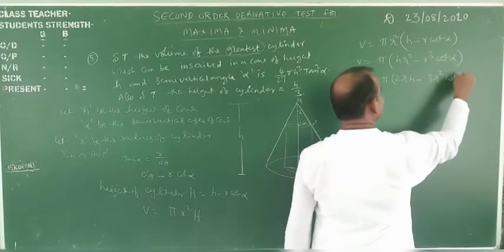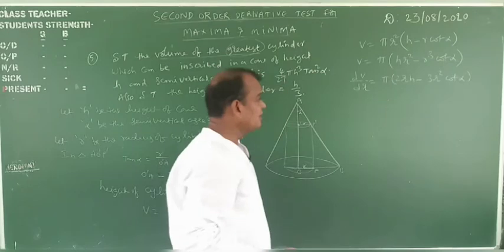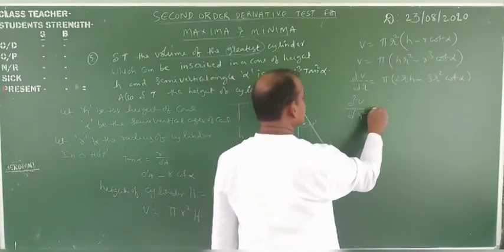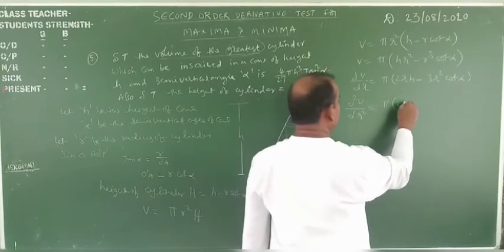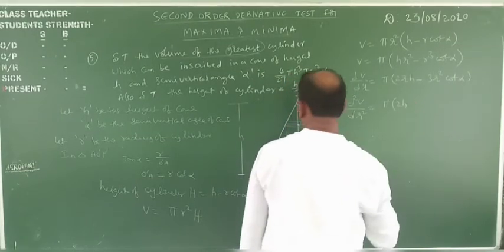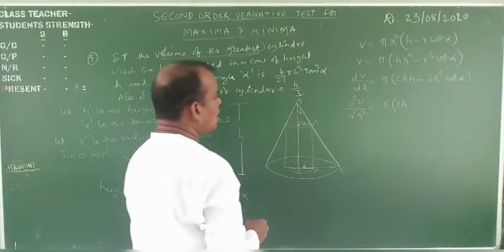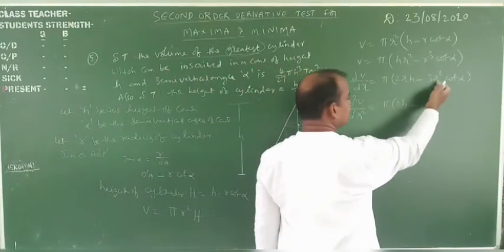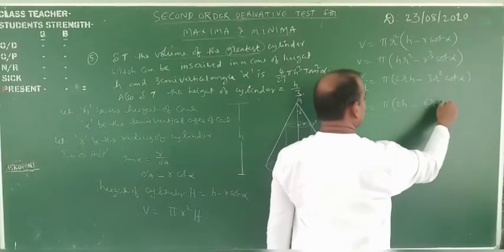Here the semi-vertical angle alpha is constant. Now d square V by dr square is pi into 2h minus 6r cot alpha.